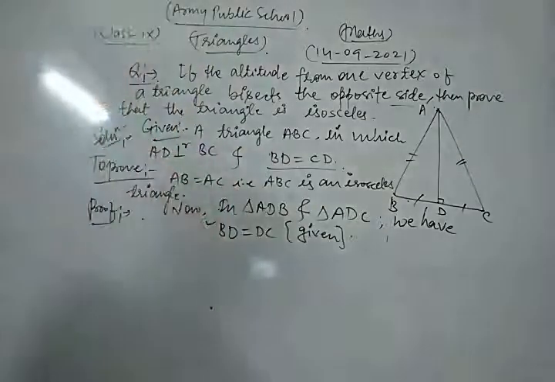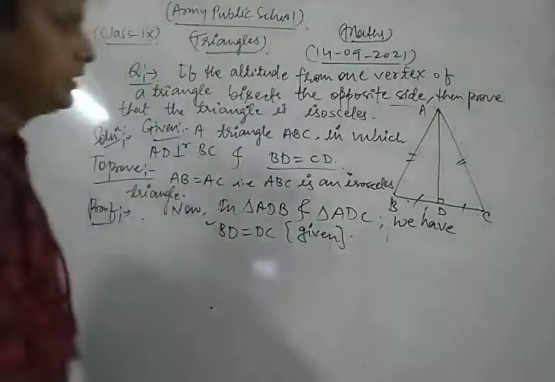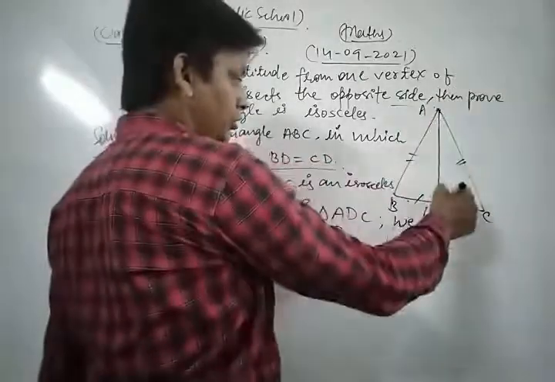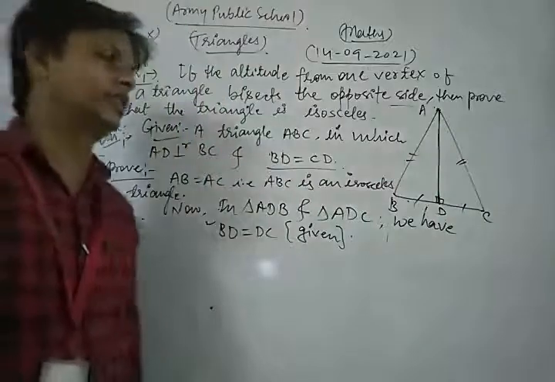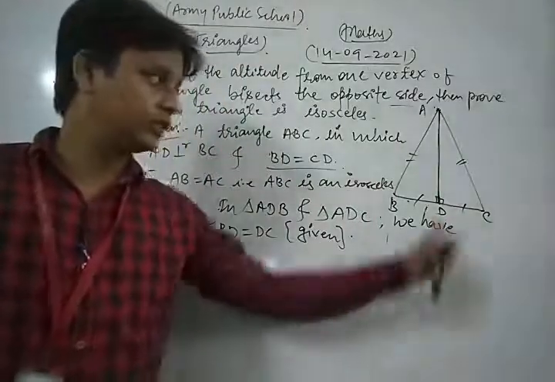Dear friends, here this is the altitude from the vertex A to its opposite side. So this is a right angle triangle.